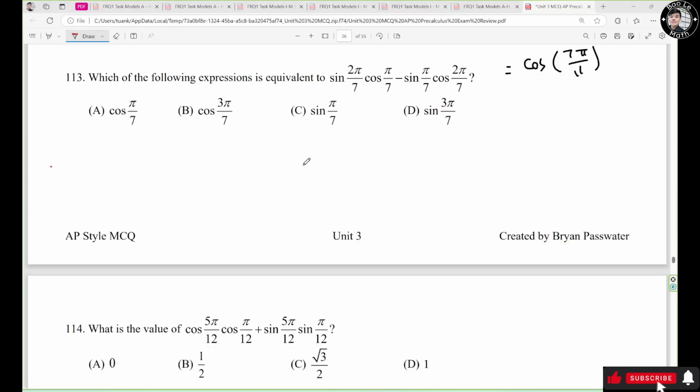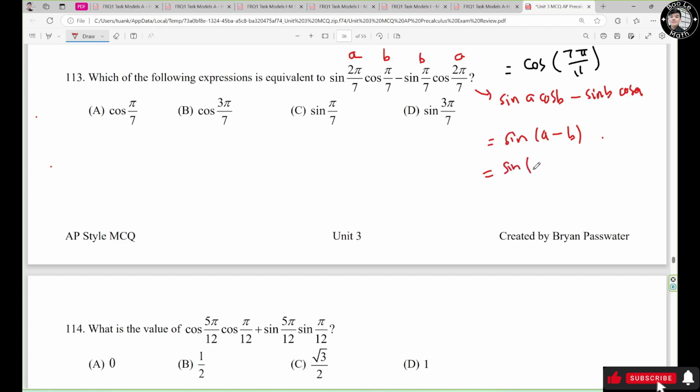Now question 113, similar to question 112. I just label this one A, and this one must be A. This one is B, and this one must be B. So I write this out: it could be sine A cosine B minus sine B cosine A. This is actually sine of A minus B. You just substitute values: A equals 2 pi over 7, so you have sine of 2 pi over 7 minus B, which means pi over 7.